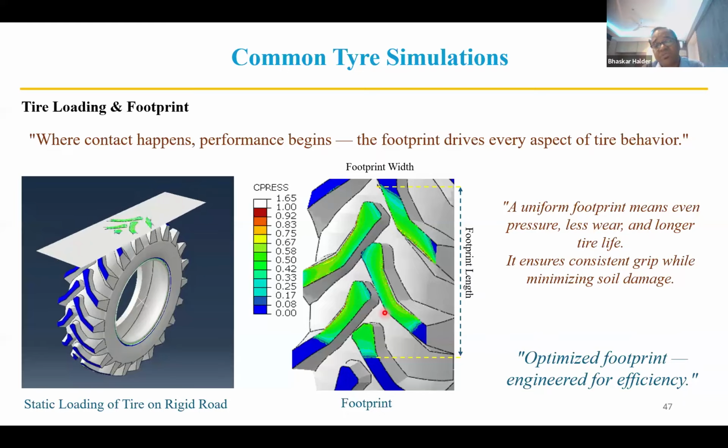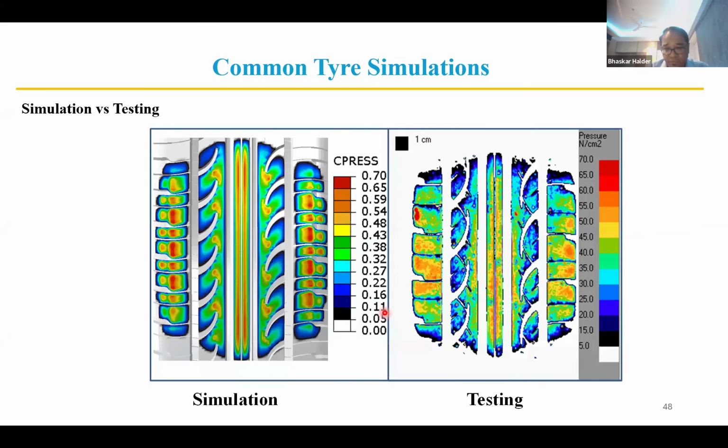So this type of indication we are taking from the FEA as an input. One example I'm giving is simulation versus testing. This is the simulation result, and this is what we measured in our testing.